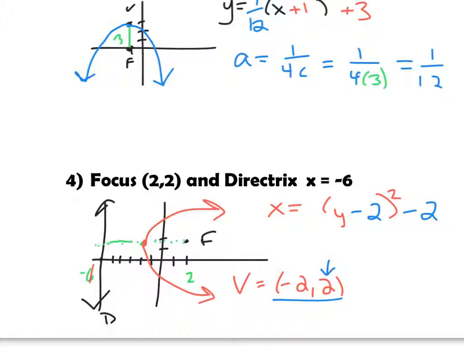Then we have to find a = 1/(4c). How far is my vertex to the focus, or my vertex to the directrix? That's a total distance of 4. So a is 1/16. And it opens to the right, so I don't have to worry about any sort of negatives.